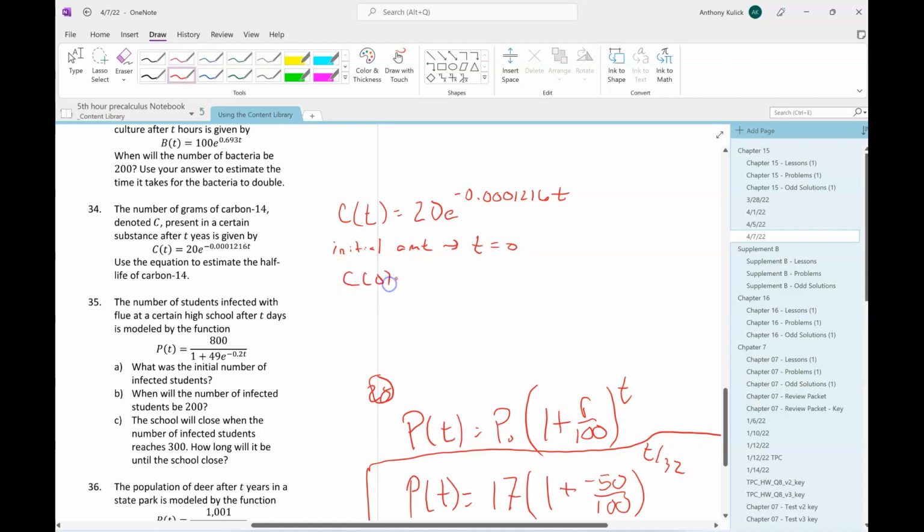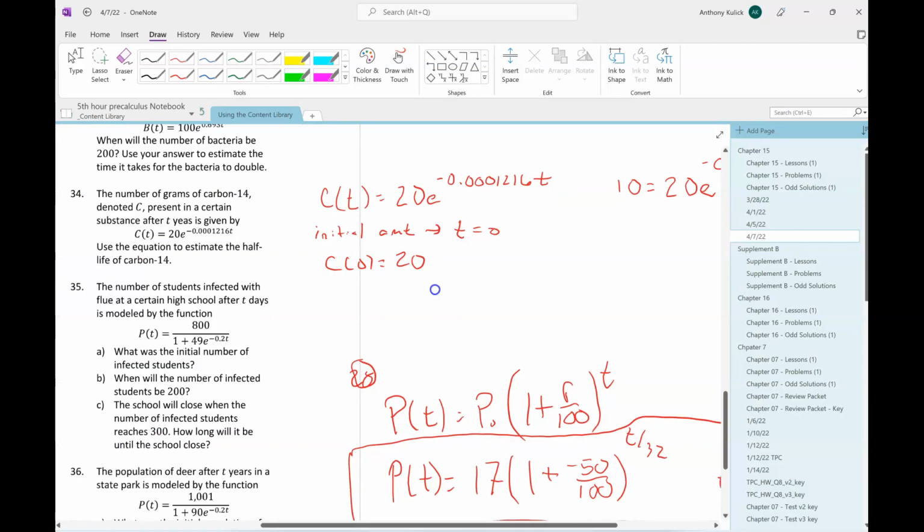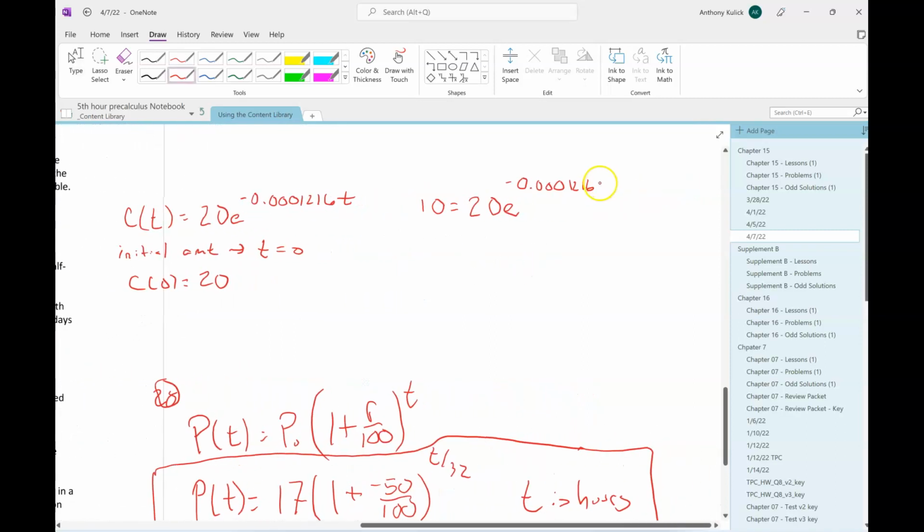So if I do C of 0 and I type that into my calculator, I get 20. So what I know then is a half-life is going to be when there's half of that left. So I'm interested in the time it takes for that carbon-14 sample that's 20 grams to decay down to 10 grams. So that's the equation I want to solve. Cool with that so far?